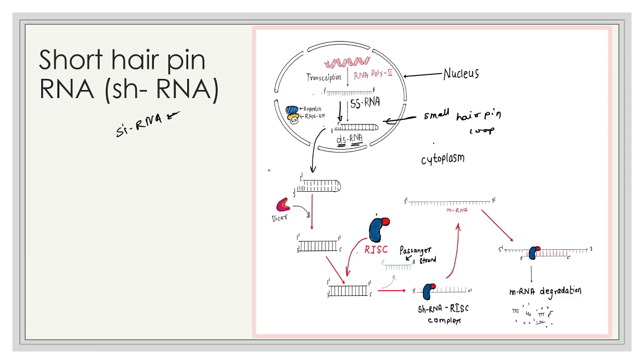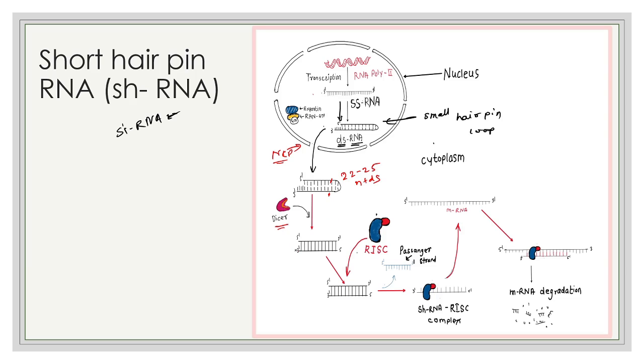Now that double-stranded RNA comes out from the nucleus to the cytoplasm. That double-stranded RNA is about 20 to 25 nucleotides. When it comes out into the cytoplasm, it is processed by Dicer. Dicer performs the RNase III endonuclease activity and forms the double-stranded cut. When the cut is formed, the 5' monophosphate is there and 3' hydroxyl termini.